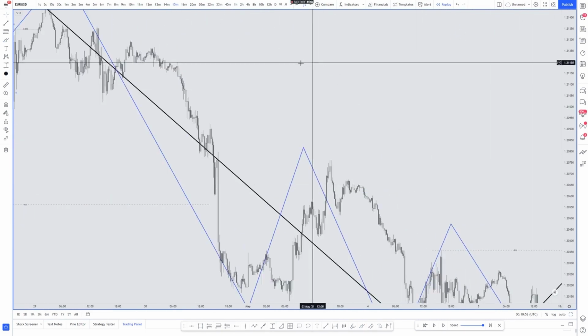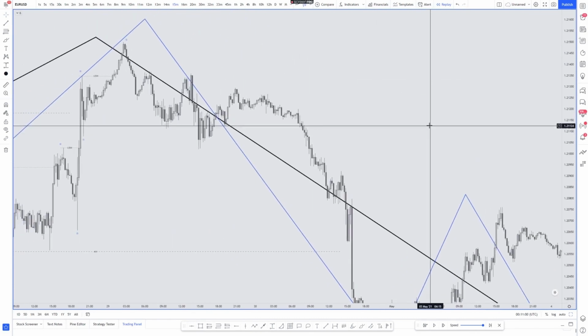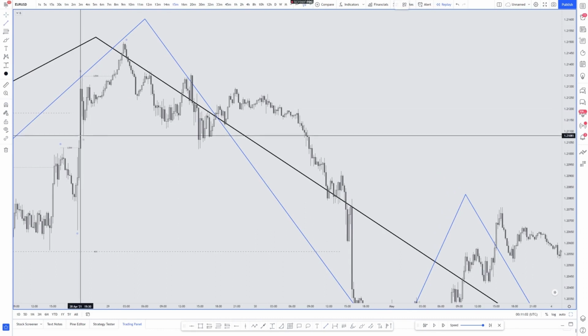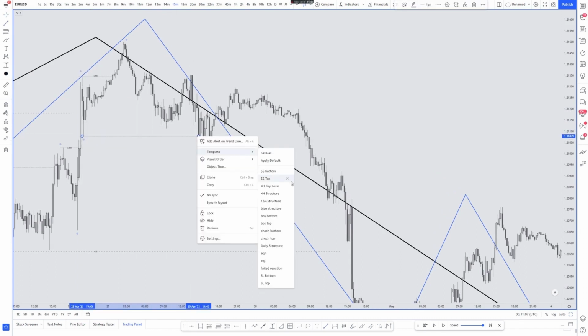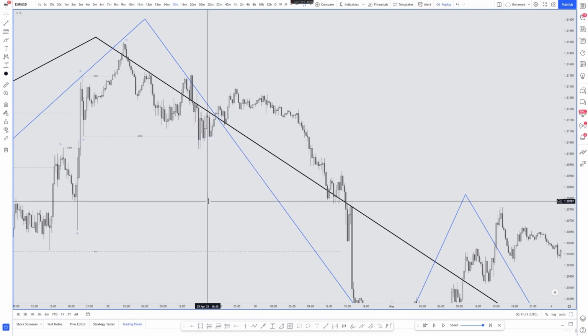And ultimately, you're always just trying to determine who's in control, supply or demand. As long as supply is in control, you're going to keep selling. Once supply loses control, you're going to start buying. And the 15 will be the first time frame to let us know who's in control.